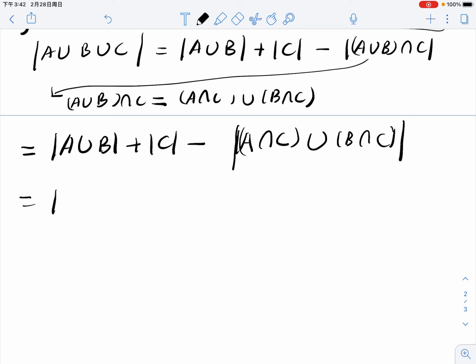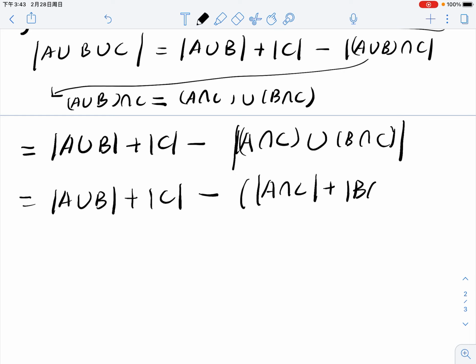Again, we have A union B plus C minus A intersection C plus B intersection C minus A intersection C intersection B intersection C.